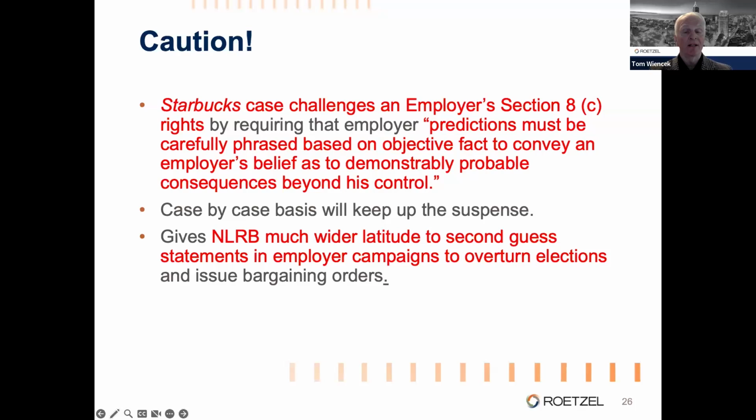So this Starbucks case narrows the First Amendment right of Section 8(c) and allows the Board to start second guessing the kinds of comments that you will make in an election campaign where you're trying to encourage the employees not to vote for the union and to support the company. And they do that on a case-by-case basis to keep up the suspense. So the Starbucks case gives the NLRB much wider latitude to second-guess statements in employer campaigns to overturn elections and even potentially issue bargaining orders. That's why I think Starbucks is even more important than the Amazon case.